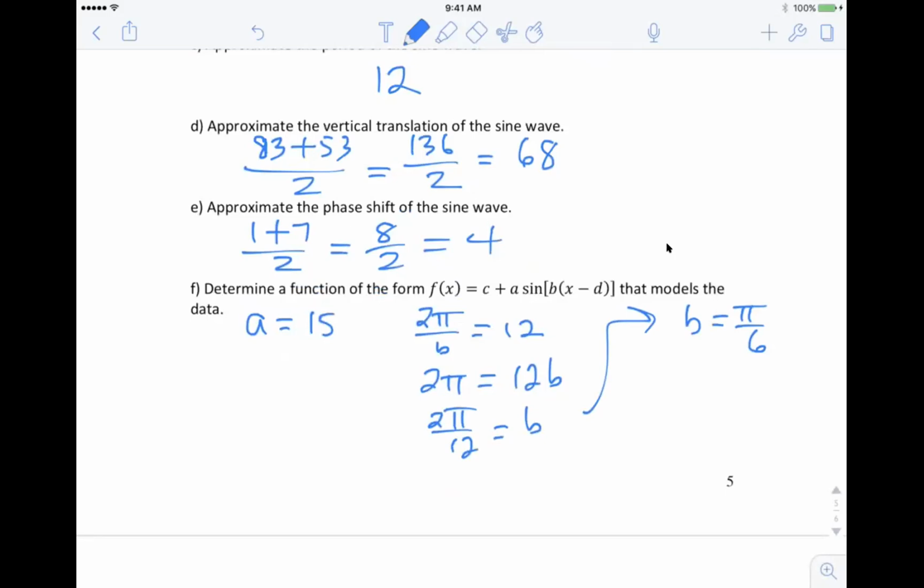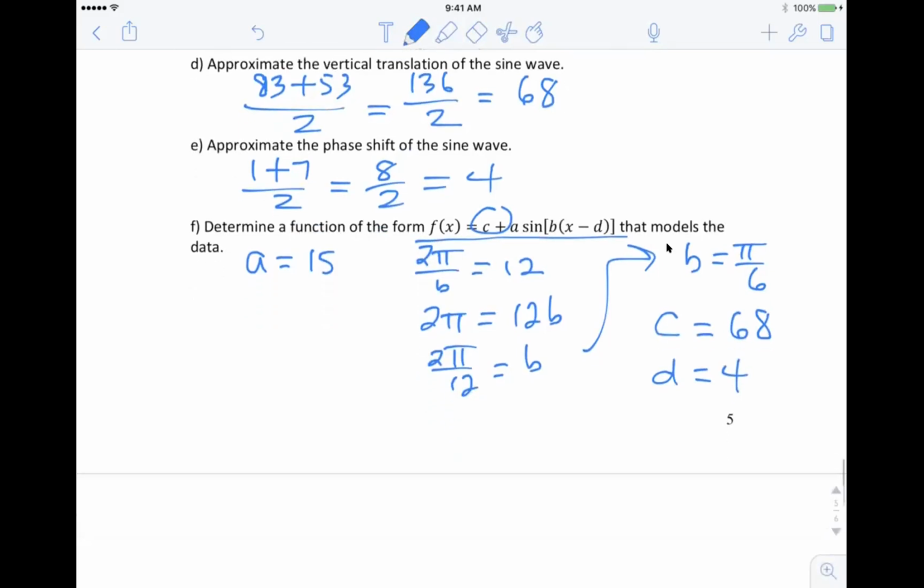C is the vertical translation, because that's that number out front. So in this case, C is going to be 68. And then finally, D is the phase shift, which we found to be 4. Put all of those together in this form, and you'll have the model.